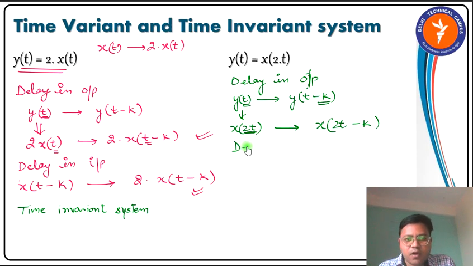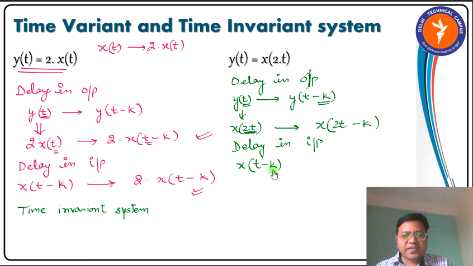Let us now see the delay in input. That means we will now excite the system with t - k. That is, instead of t, I will excite the system with t - k.